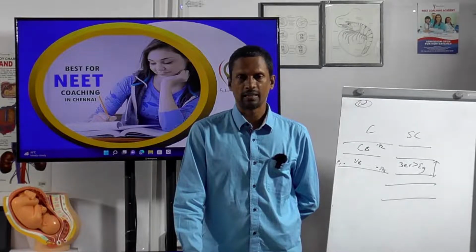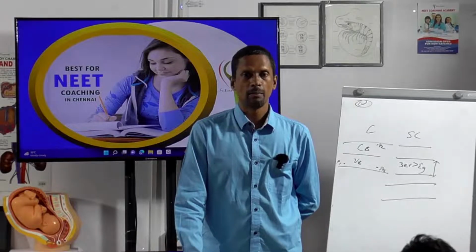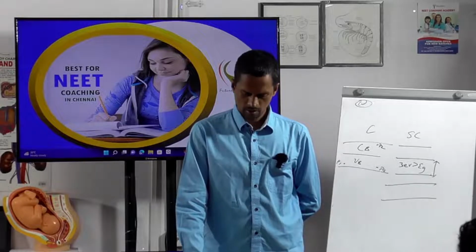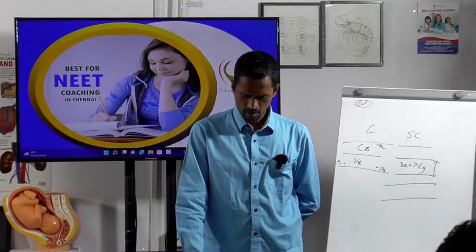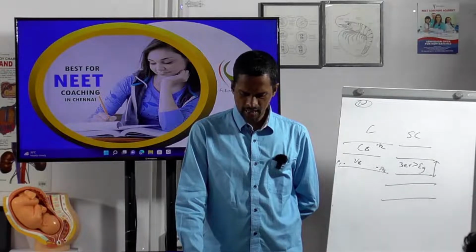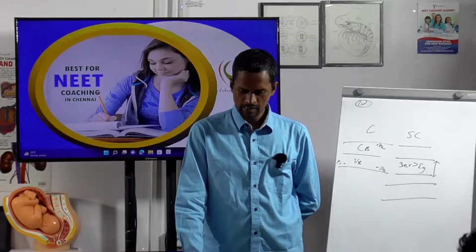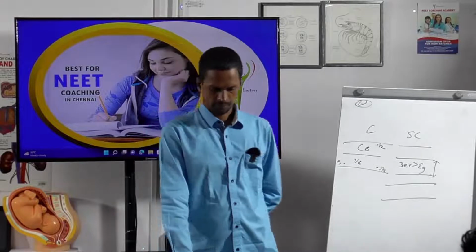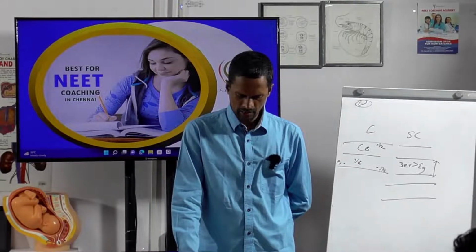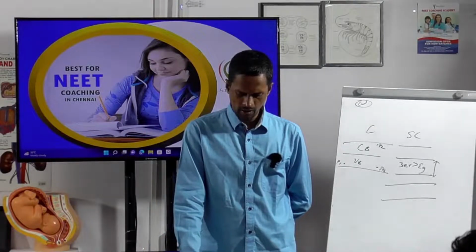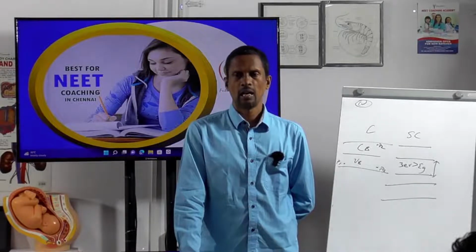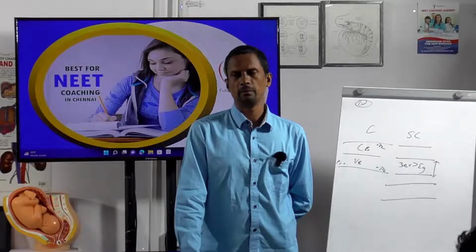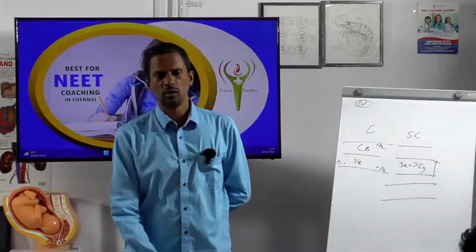For a semiconductor, it is 10 power 5 Siemens per meter. For an insulator, it should be 10 power minus 10 Siemens per meter.